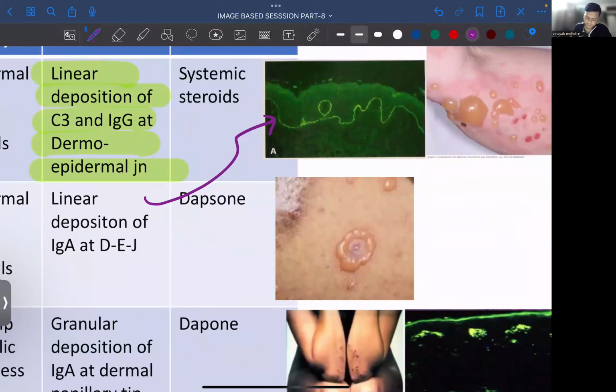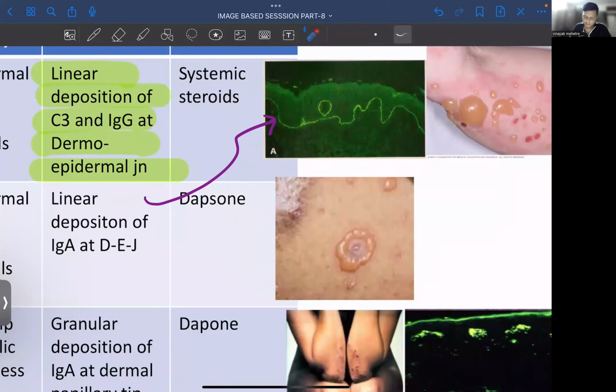Okay, a ring-like bulla. Over here, what was there? But यहाँ नहीं मिलेगा. ठीक है? Same question, which is going to be tricked. Immunofluorescence can look same, but the image will be different.